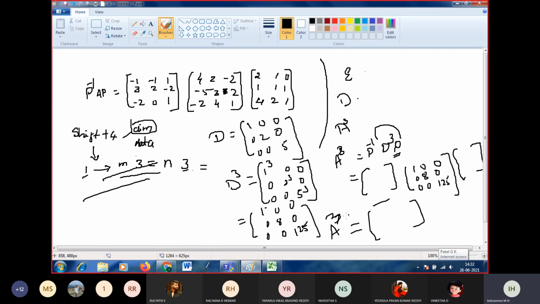Is there any doubt in finding eigenvalues, eigenvectors, diagonalization and finding the powers of A? I sent the notes up to diagonalization. I posted complete notes for modules 4 and 5 in MS Teams. You can check it.